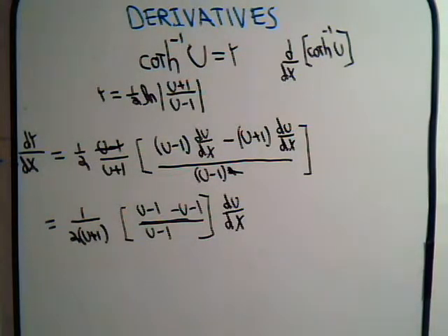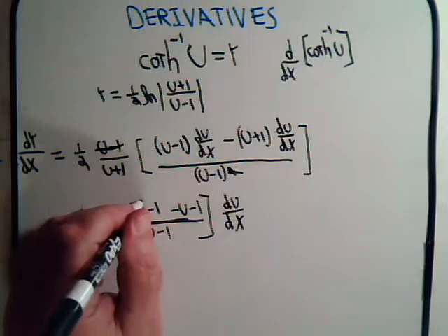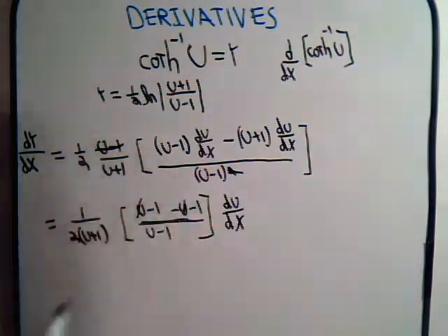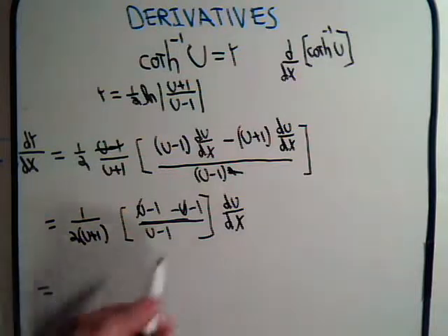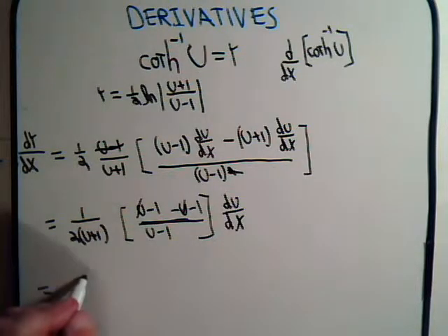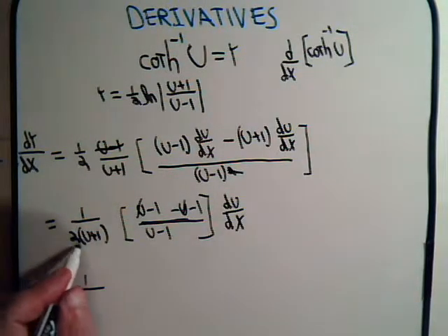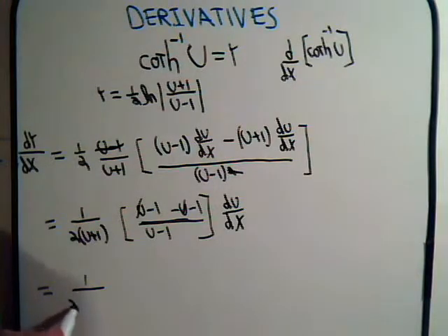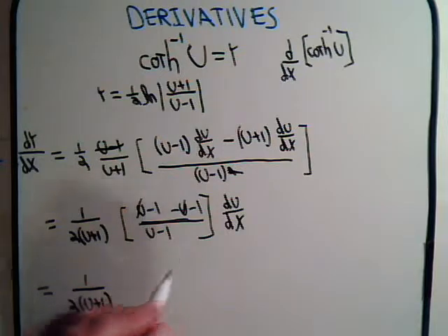Put this all the way across. So let's see. It looks like the u's are going to cancel, and that's going to give us minus 2 on top. So we have from here 1 over 2 times (u plus 1).